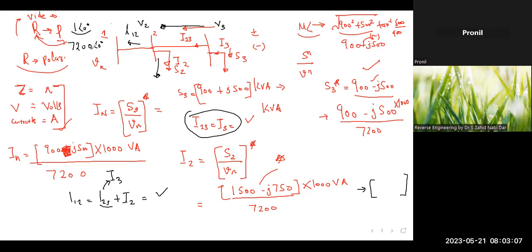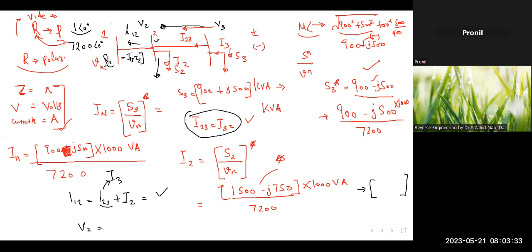So in order to get this voltage, you go for a forward sweep. You write the value of V2, basically this voltage V2 would be equal to this voltage V1 minus the drop in this line, I12 into Z2, right?